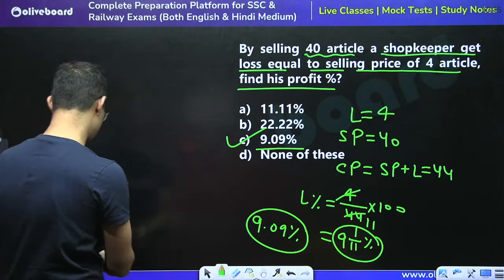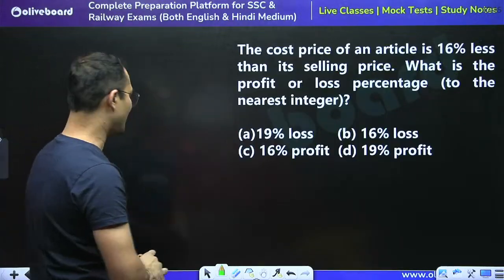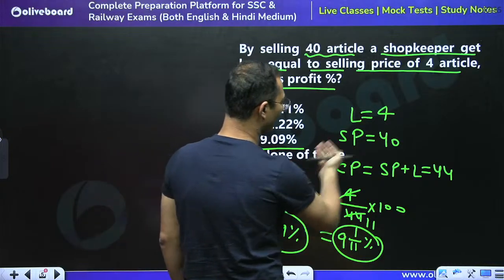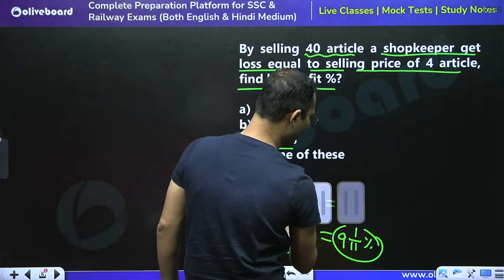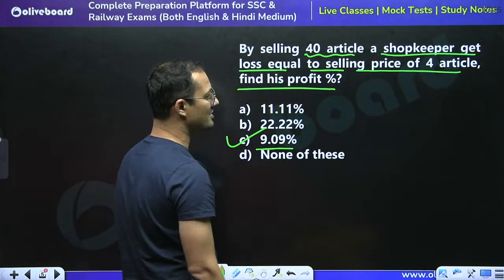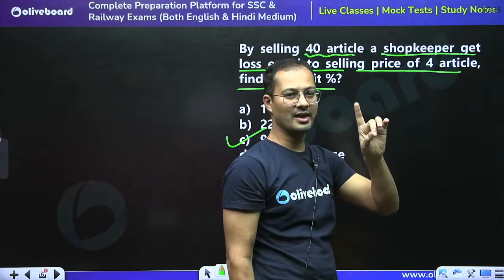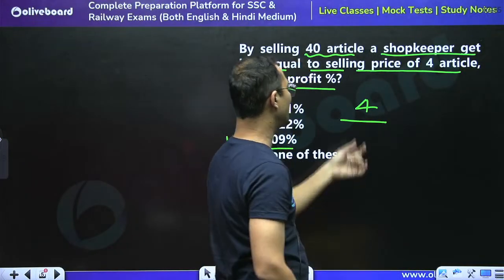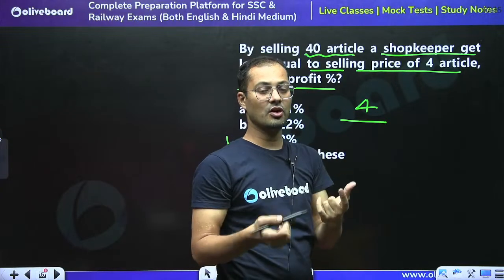Very good question. So moving forward, if you understand this, there is no need to write all this. If you understand the basic concept, you can directly say that the selling price of one article is 1 rupee, so there is a loss of 4 rupees, and the selling price is 40. So what would be the cost price?